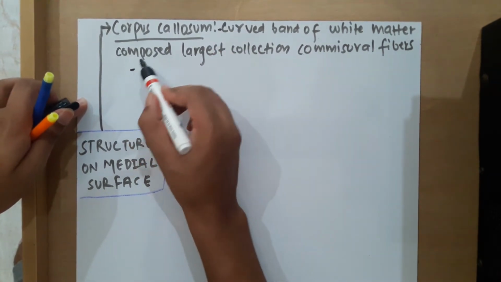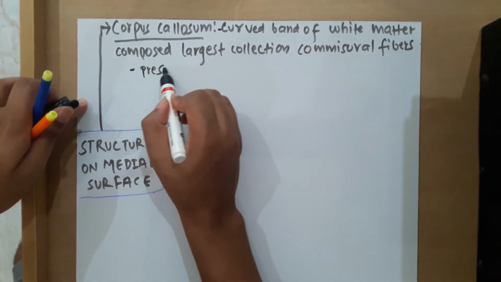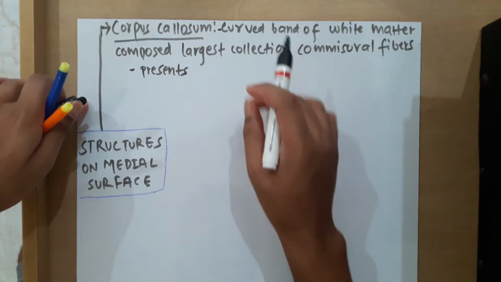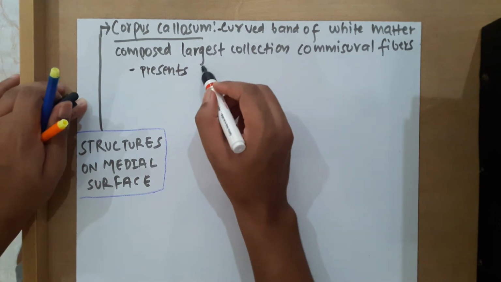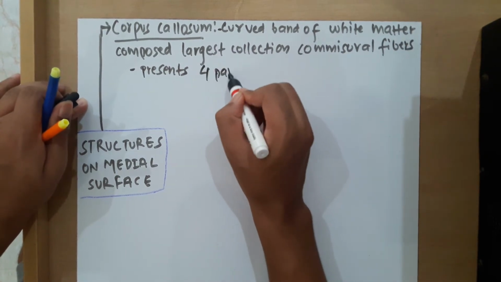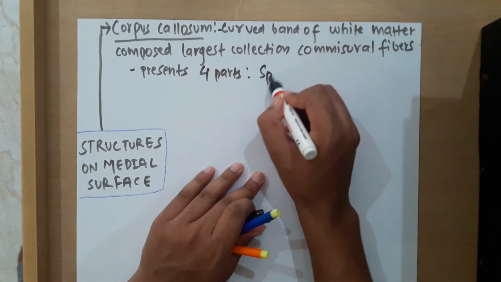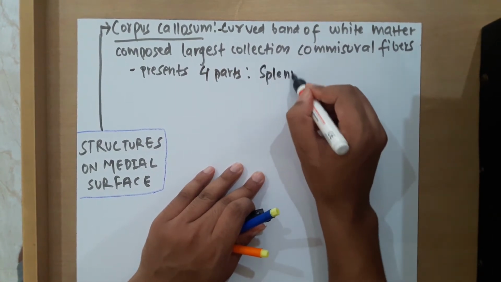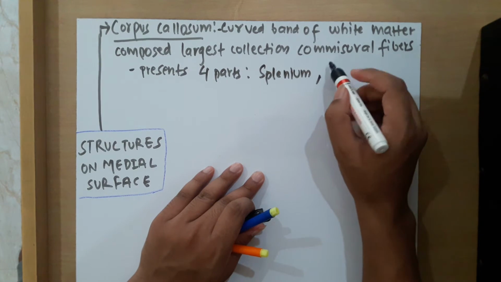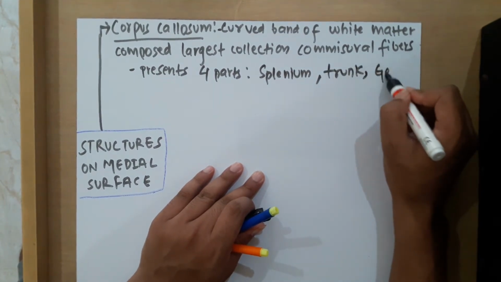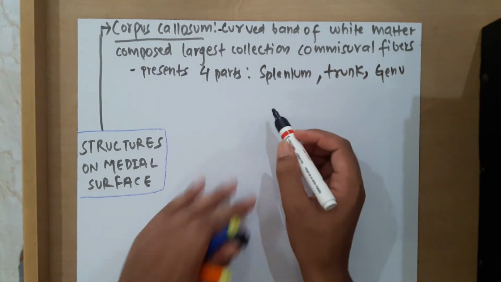The second point is, under corpus callosum, it presents four parts. As discussed earlier, the parts are splenium, trunk, genu and rostrum.